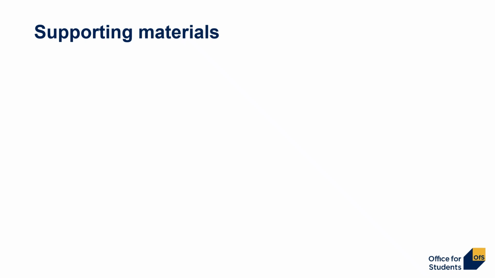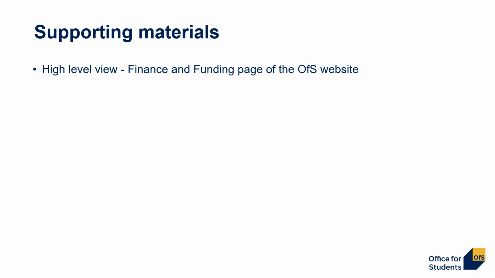We have a number of resources for providers, and we'll look at the main ones here, but we will also highlight additional resources as we go through this series of recordings. For a high-level view of OFS funding, see our Finance and Funding page, www.officeforstudents.org.uk/for-providers/finance-and-funding.